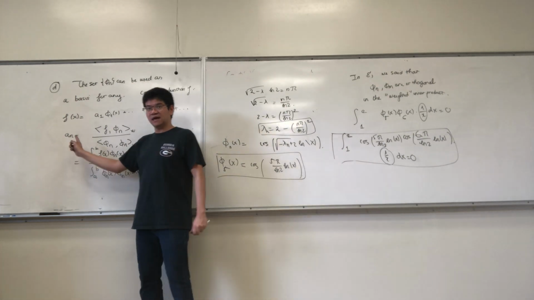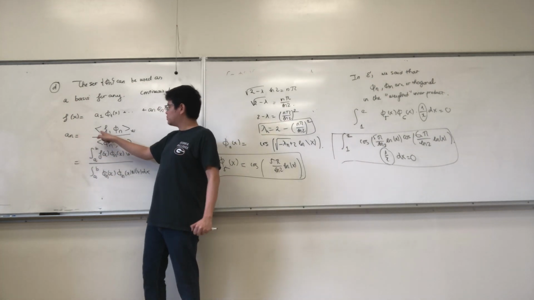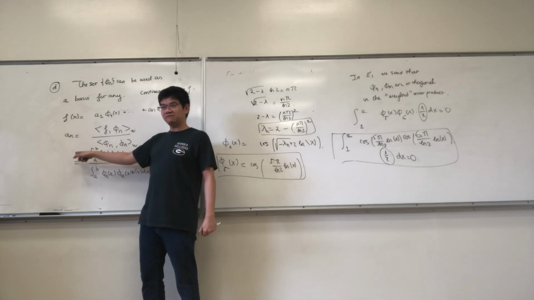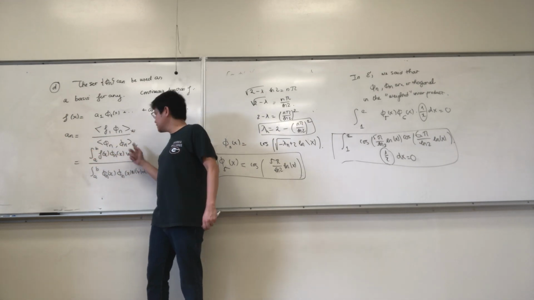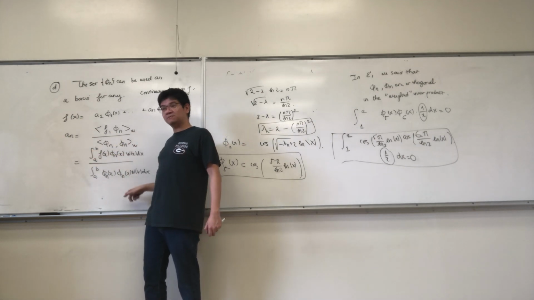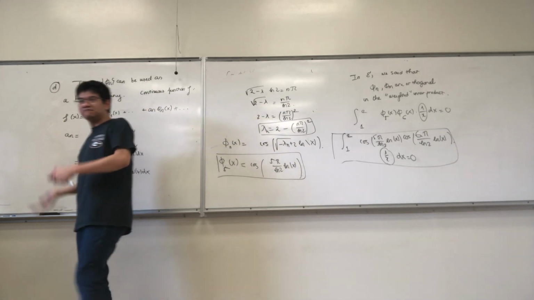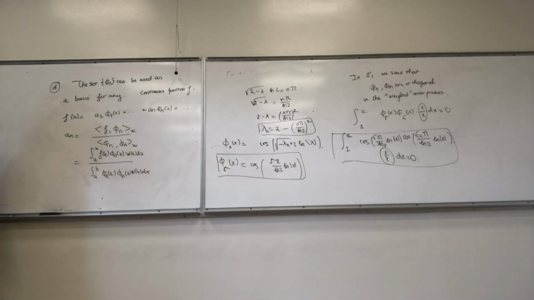And of course, an is the inner product of f with phi n, dividing by the norm of phi n. In the case that you have the w, you have to multiply with the w. So if w is 1, you don't have to multiply with w, right? Or when you multiply with w, which is 1, you get the classical result, right?